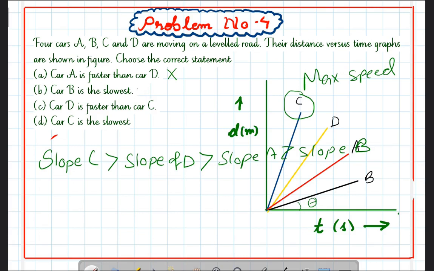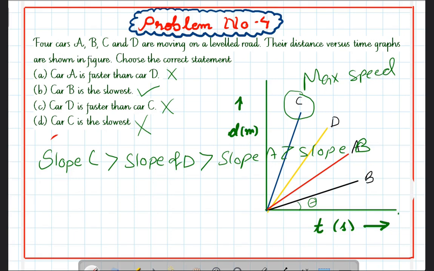So I can say the statement is correct. Next it is said that D is faster than C. So the statement is also wrong. Then next is car C is the slowest. This is again wrong because we have already seen it has a maximum speed. So our correct statement in this case is car B is the slowest.